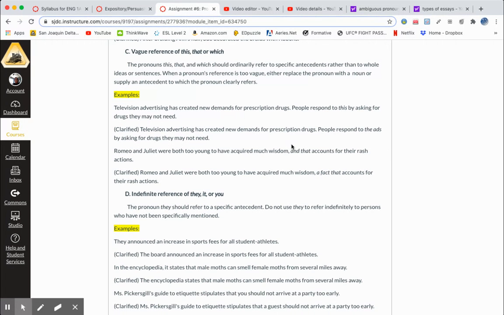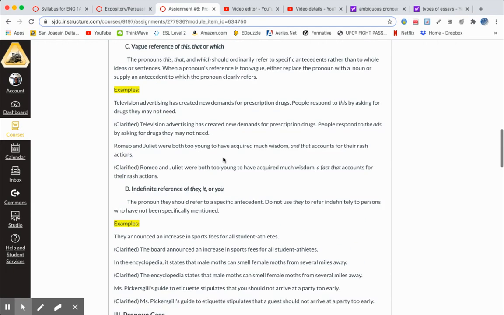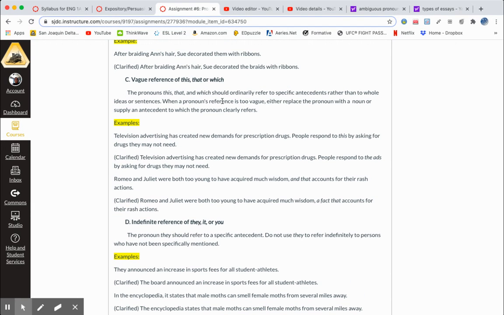The third example of unclearness or ambiguity with respect to this topic is vague reference of this, that, or which. So in this case, we're looking at the specific pronouns this, that, or which, and then we'll look at the specific pronouns they, it, or you. Okay, let's look at this, that, or which.